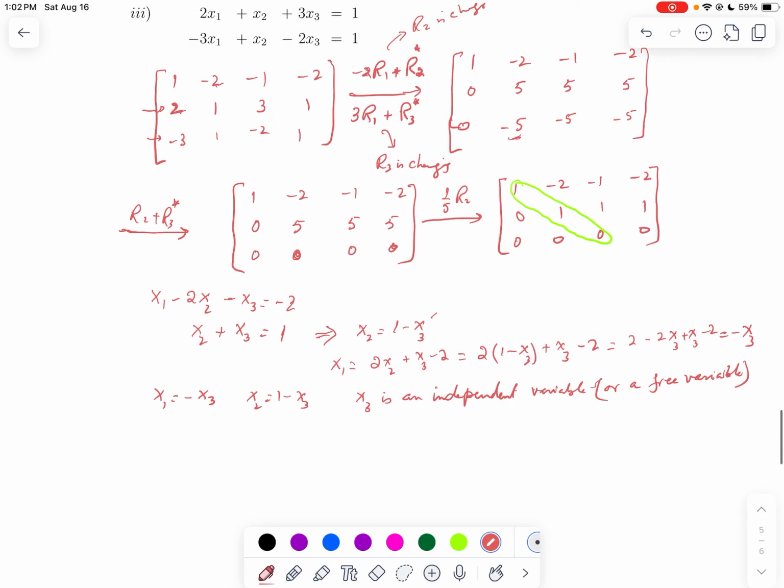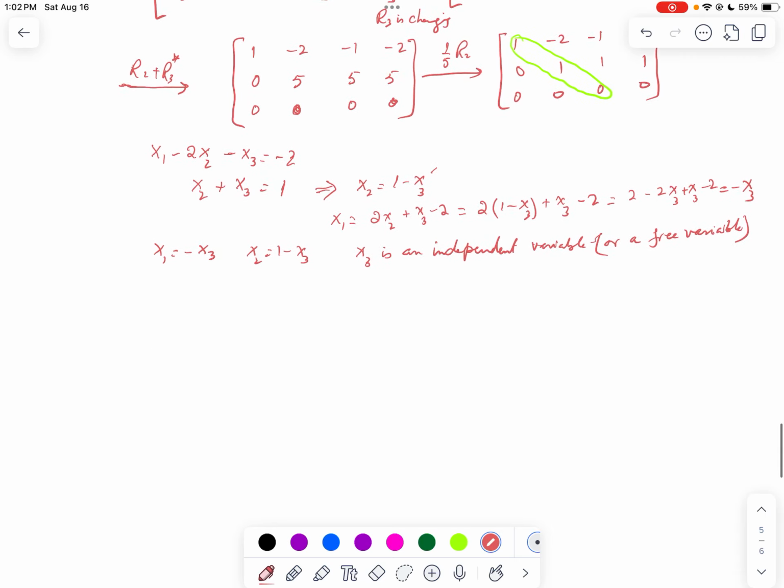What does that mean? It means if you choose a value of x3, for example, let x3 equal 1, then x1 will be equal to negative 1 and x2 will be equal to 0.